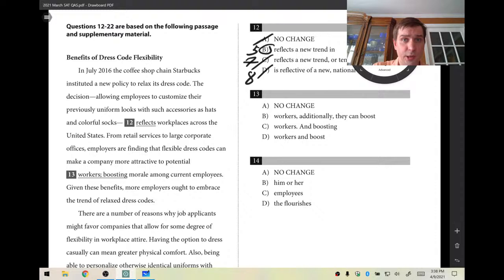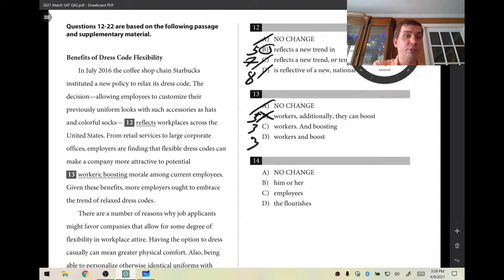which was answer choice A. What about a wordy answer choice? 1, 2, 3, 4, 5 words maybe. 3 words? 3 words. I'm going to cross off the wordy choice. B is out. So is it the 3-word answer choice or the 3-word answer choice? Well, if you look at answer choice C, and boosting morale among current employees is also not a sentence.